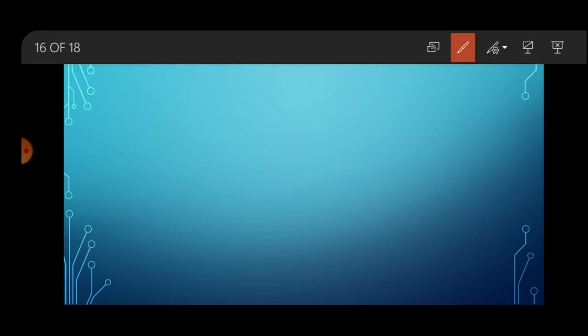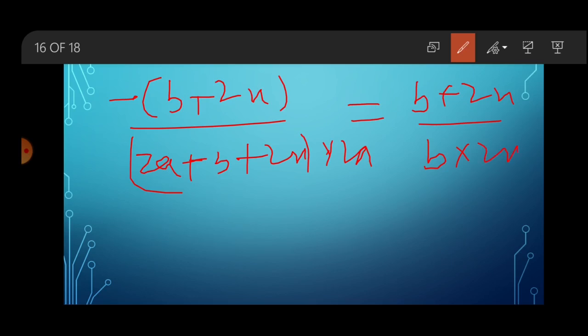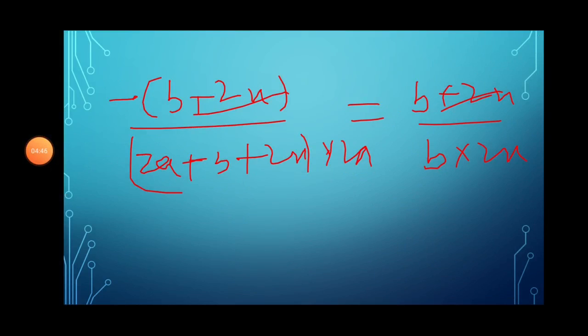So minus, it will become (b plus 2x) upon (2a plus b plus 2x) into 2a is equal to (b plus 2x) upon b into 2x. So both these things will be cancelled. Now, rather than cancelling them, I will bring both terms to one side.